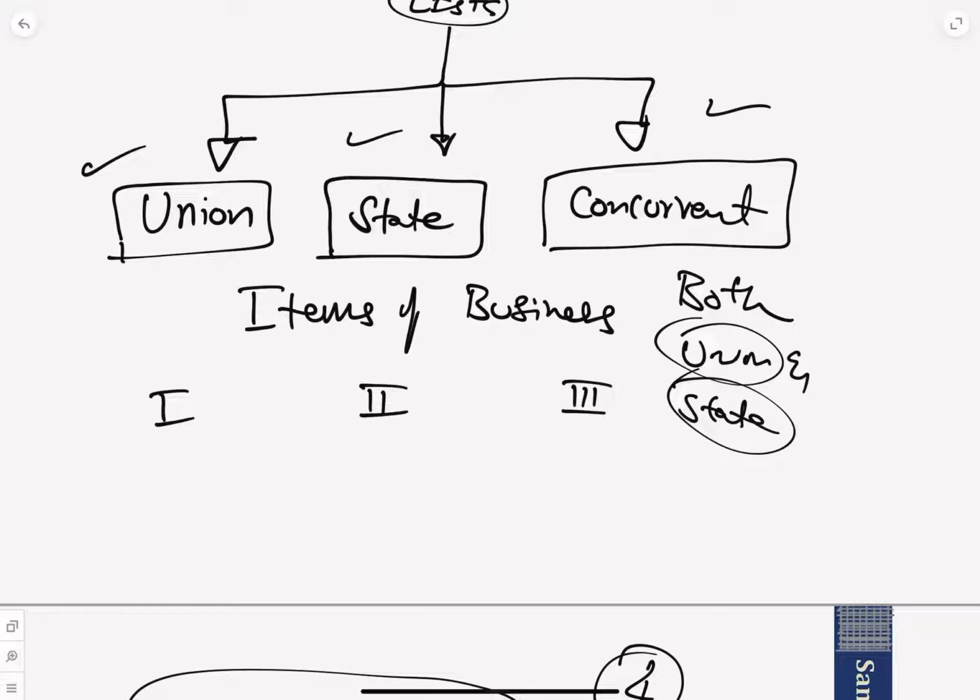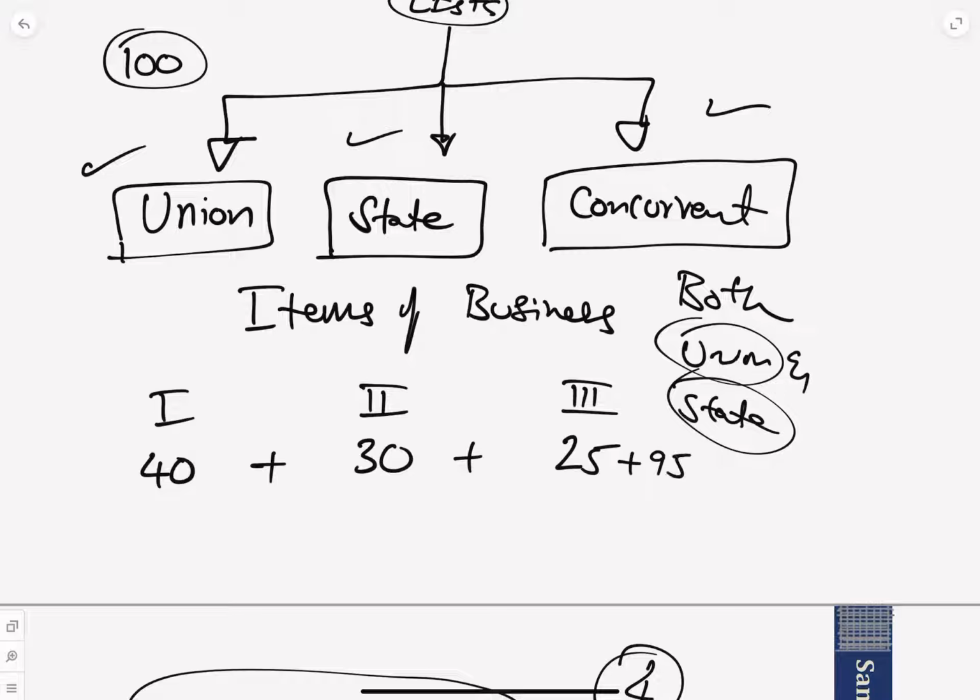Now let us say, just for example, that there are 100 things. Let us say Union list has 40 things, then state list has another 30 things, then concurrent list has, let's say, 25 things. So 40 plus 30 plus 25 is 95. So there are 5 more things which are not there in the state or concurrent list, nor in the union list.